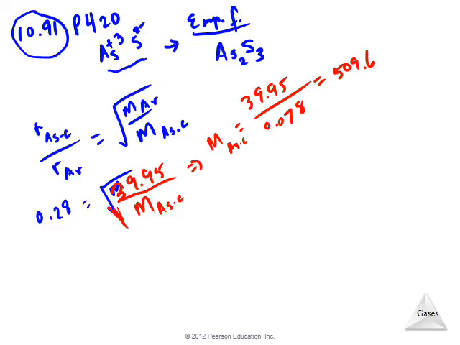We already know the empirical formula, so let's write down that the empirical formula is As2S3. So the molecular formula is going to be a multiple of that.